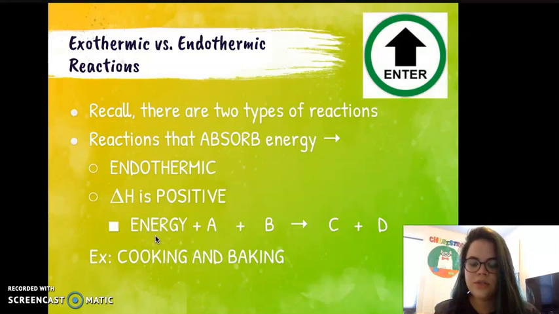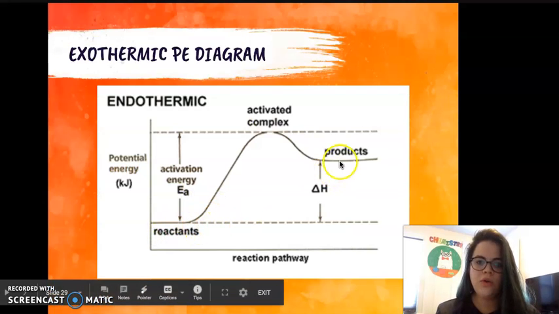Energy has to enter the system. So hopefully you guessed that an endothermic process will look the opposite, in which your reactants are lower than your products, meaning the net energy is positive. You have to add energy to make it happen. This is why it is important that you always do products minus reactants, because that will give you either a positive or negative delta H.